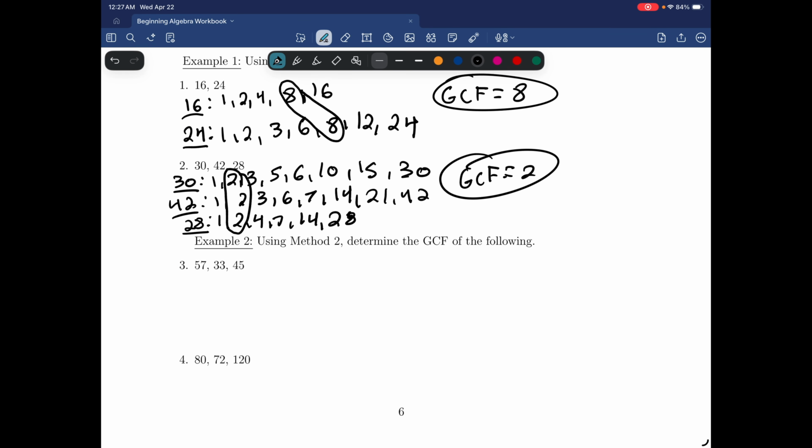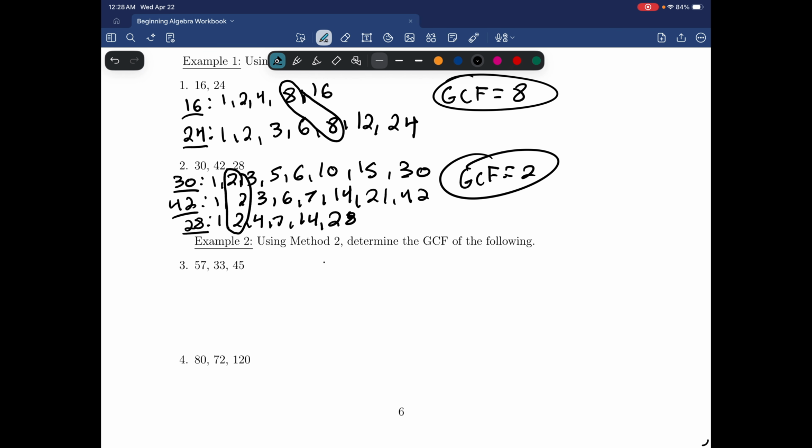Alrighty, so now let's use a different method to help us find the greatest common factor. For example 3 here, we have 57, 33, and 45.